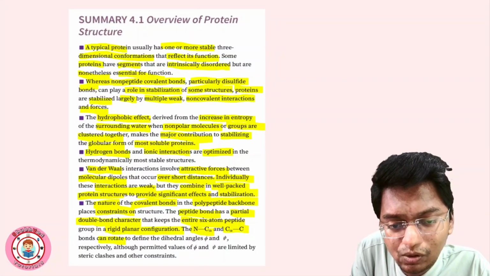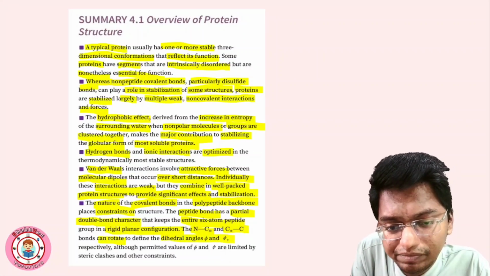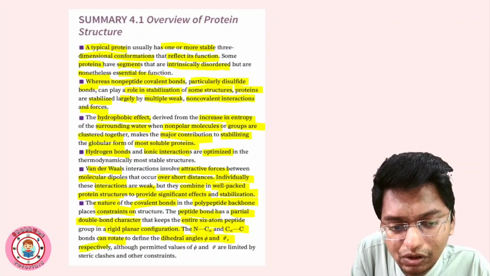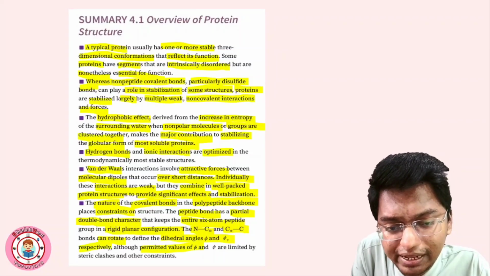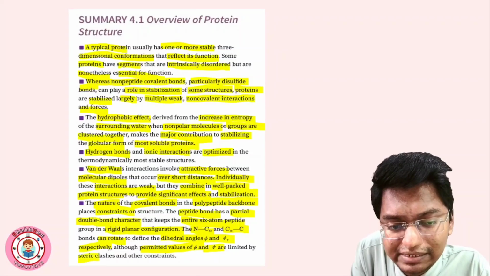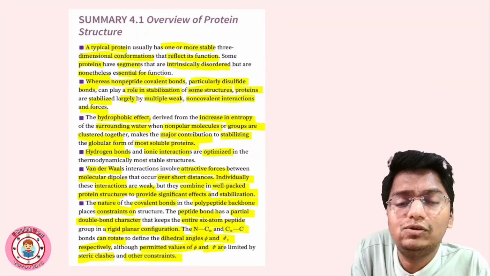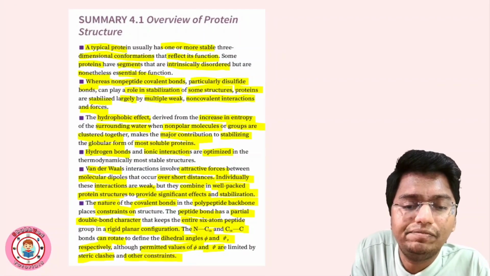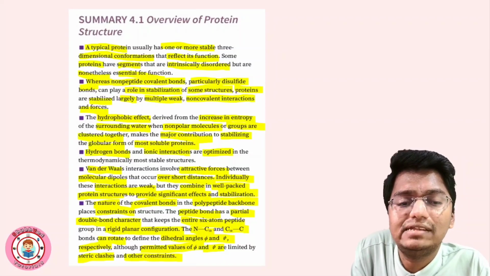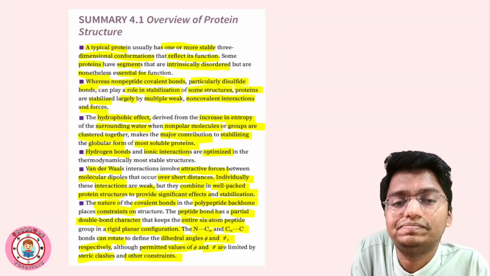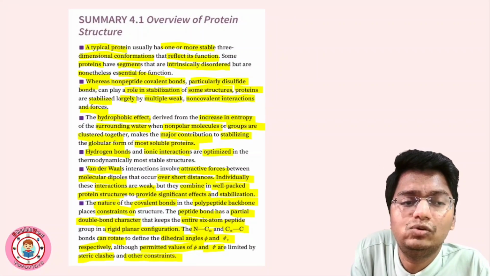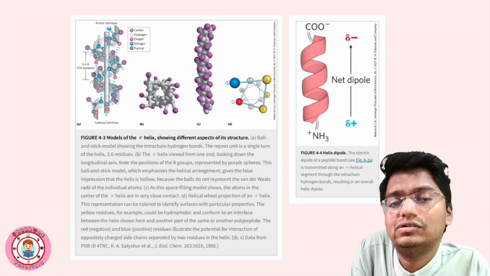See, these bonds can rotate to define the dihedral angles phi and psi respectively, although permitted values of phi and psi are limited by steric clashes and other constraints. Okay, meaning only some values are permitted, which we call permitted values of phi and psi. These are limited by steric clashes and other constraints. So this is an overview of protein structure. Now we will go to secondary structures, right?